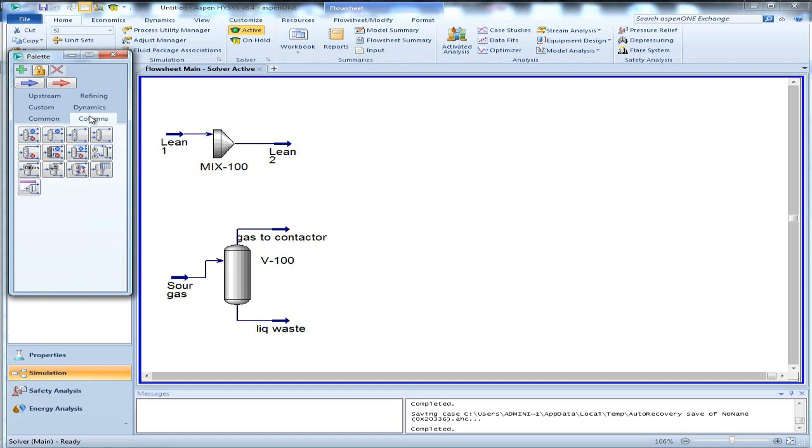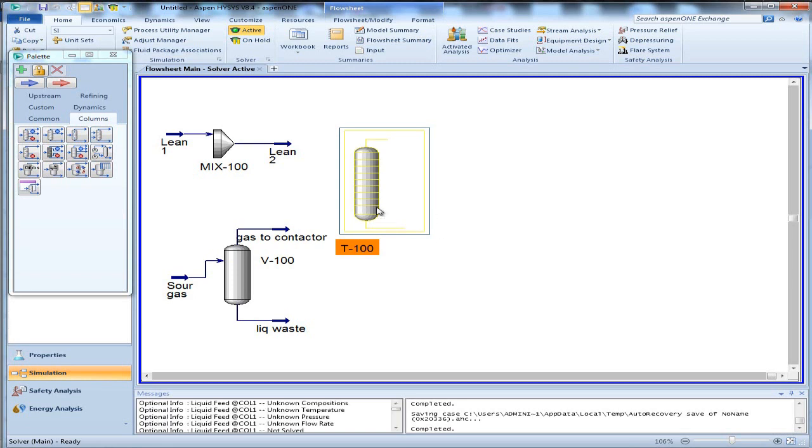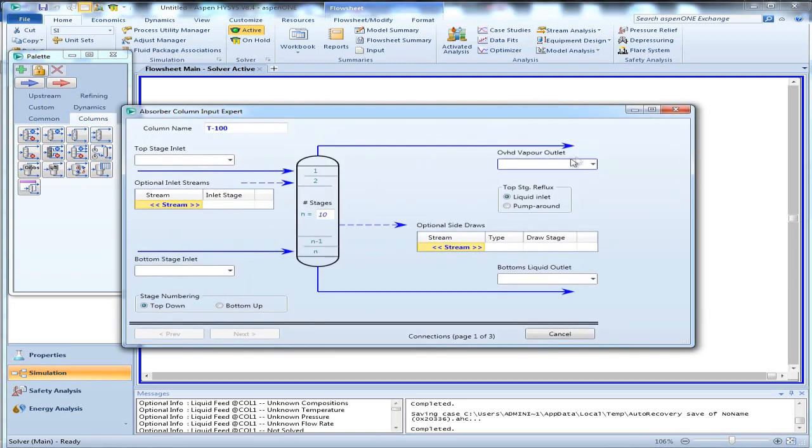So now we go to the contactor. This is the contactor or absorber column. The one that feeds into the top is lean 2, and to the bottom is gas to contactor.